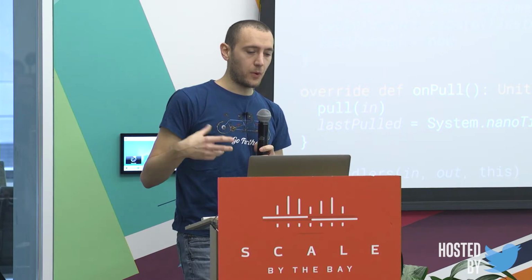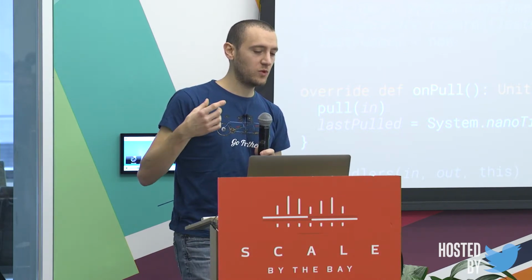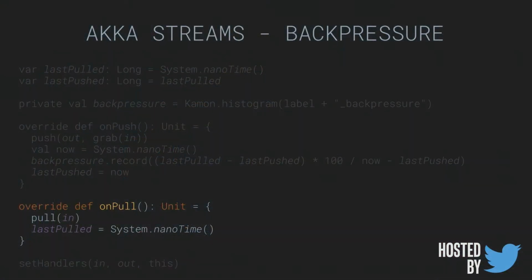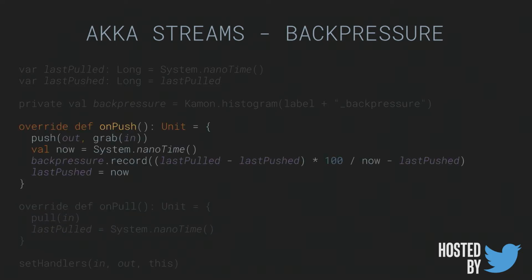So when a pull comes in, basically we first propagate the pull upstream, and this is just what map does, and we've seen this. And then we can mark this last pull timestamp as of now, right? Now when a push comes in, we can actually do this calculation now of the ratio between the time spent waiting for the pull and the time spent waiting for the push. This is quite a simple calculation.